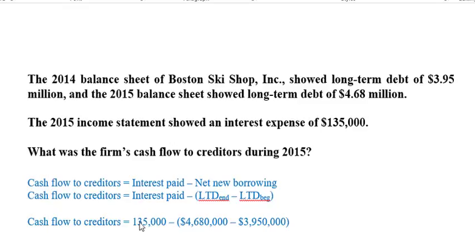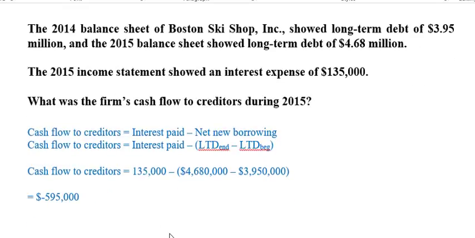So the company that we're looking at is a company called Boston Ski Shop. It has some long-term debt in 2015 of $4.68 million. In 2014, the year previous, they ended their year at a $3.59 million long-term debt. So they grew their debt.